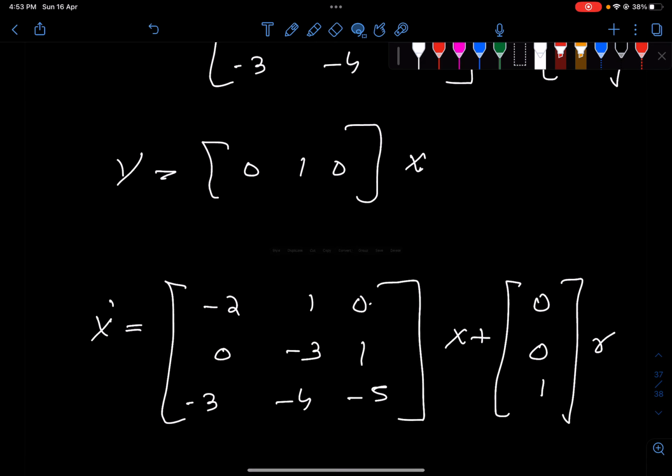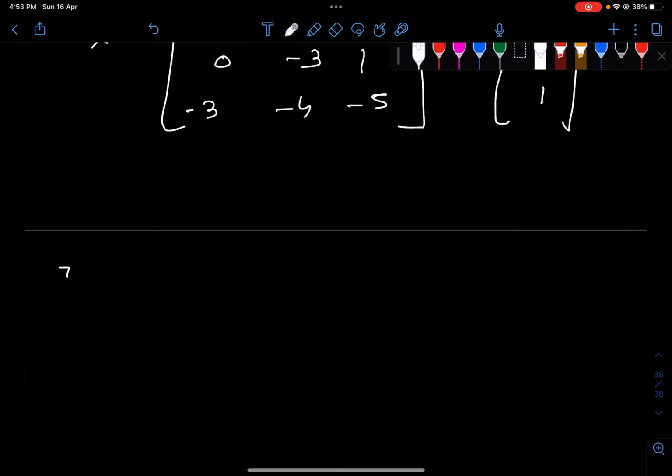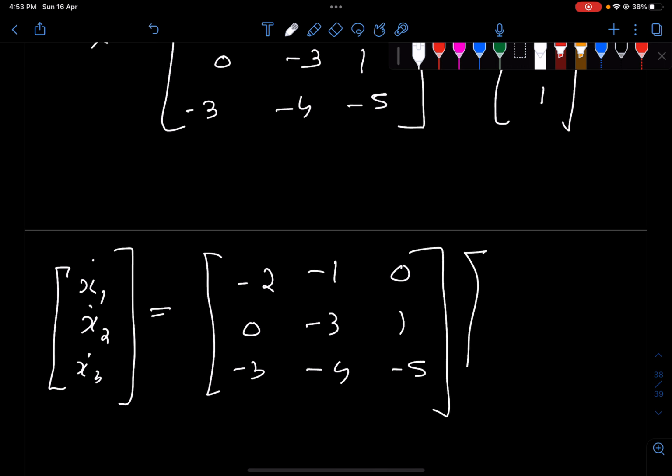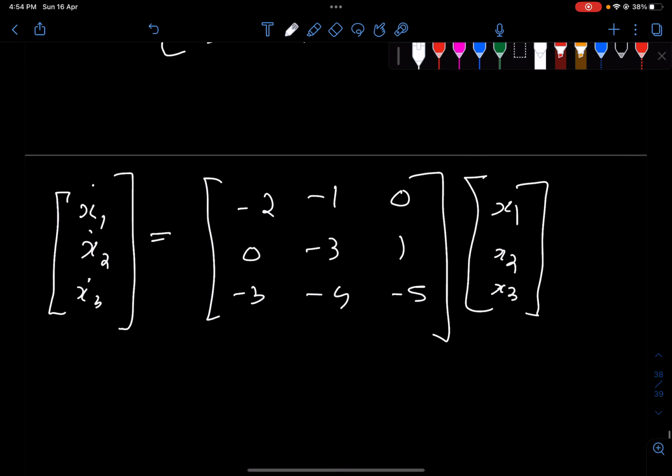First of all, copy this down and substitute x1 dot, x2 dot, x3 dot for x dot, and complete the equation: minus 2 1 0, 0 minus 3 1, minus 3 minus 4 minus 5 times x1 x2 x3 plus 0 0 1 times u.